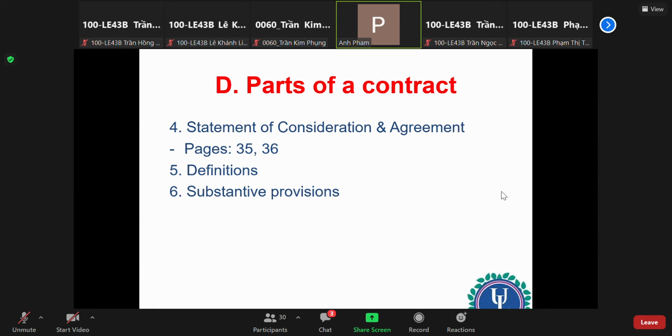So these statements refer to the agreement between the parties. Now they have reached an agreement, and then they will enter into the contract. These statements, of course, come right before the main content of a contract.